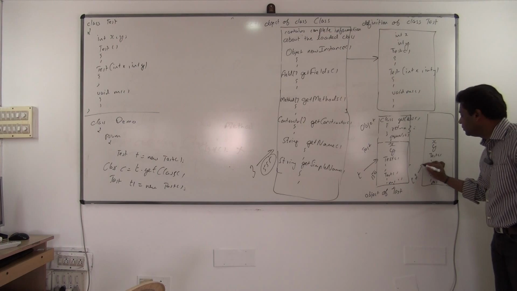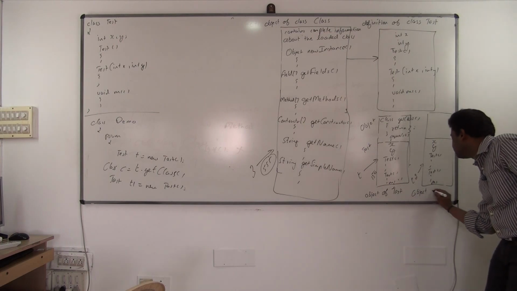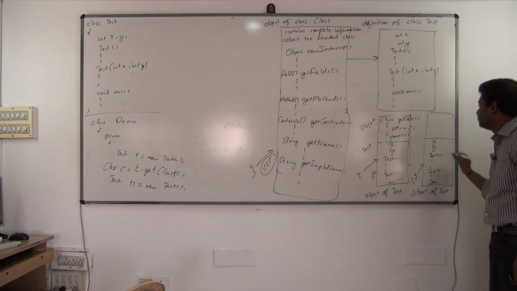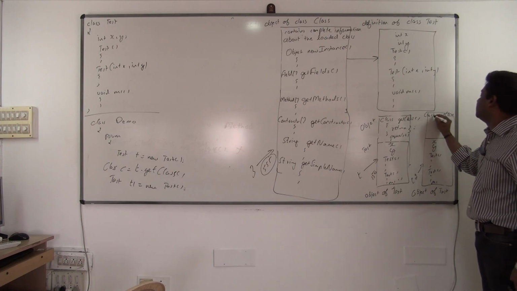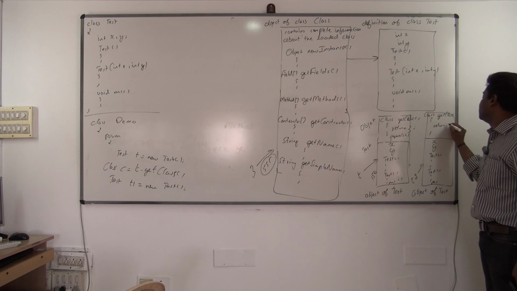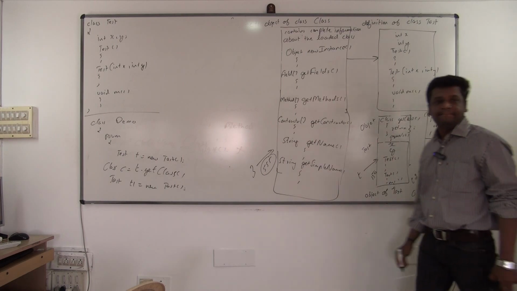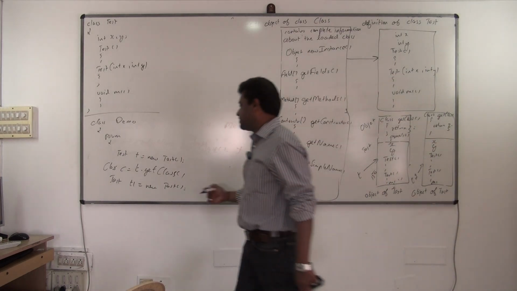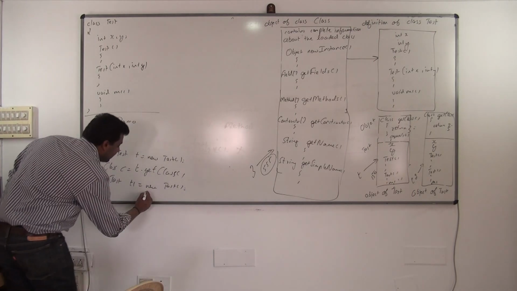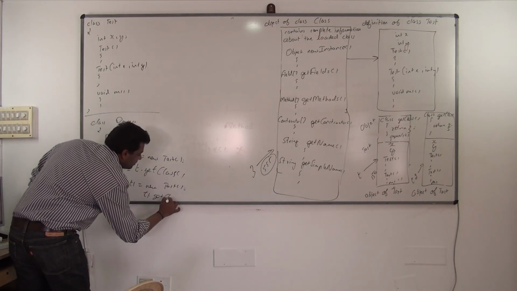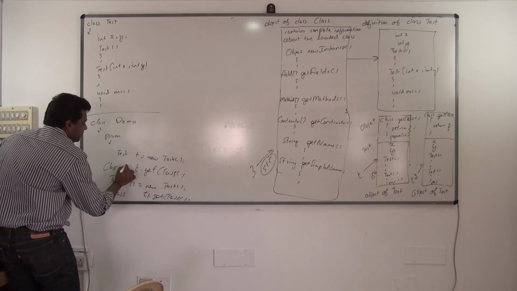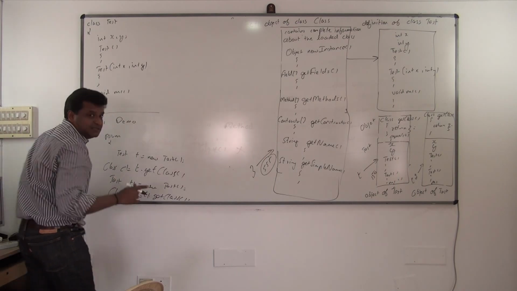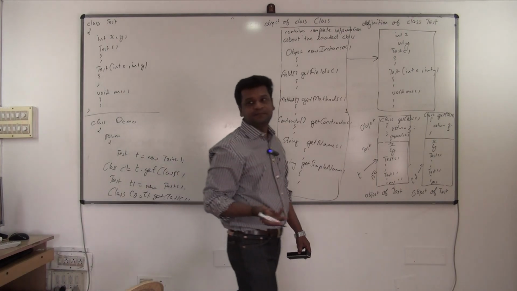This will be T2, an object of test. It will again have the get class method, return type Class, returning the same address. If I want, I can say T1 dot get class also. I can name this class C1, class C2.